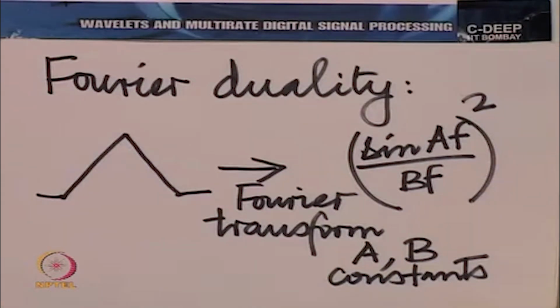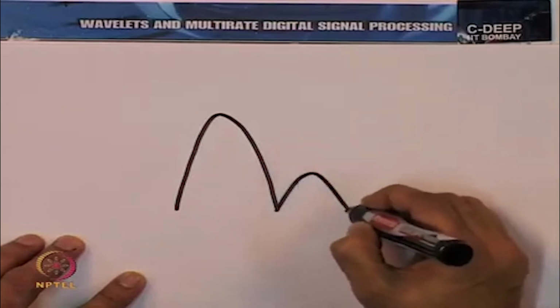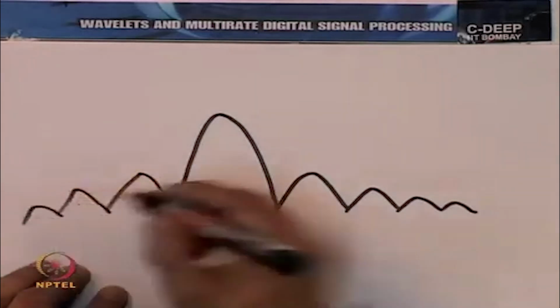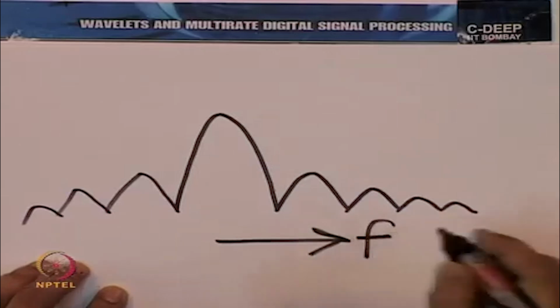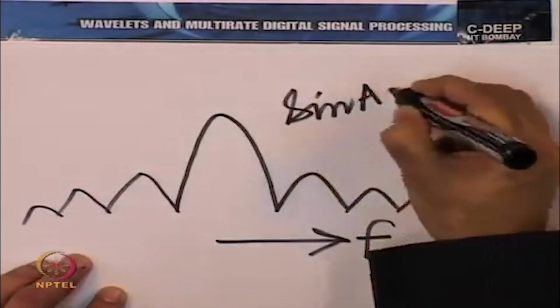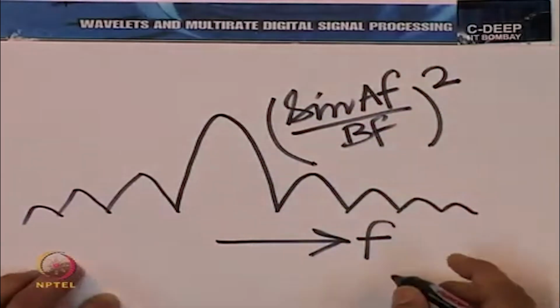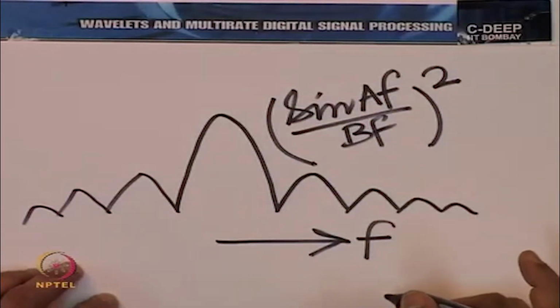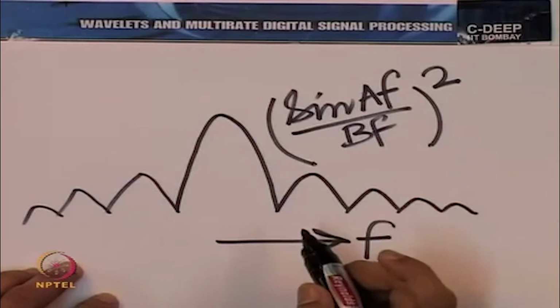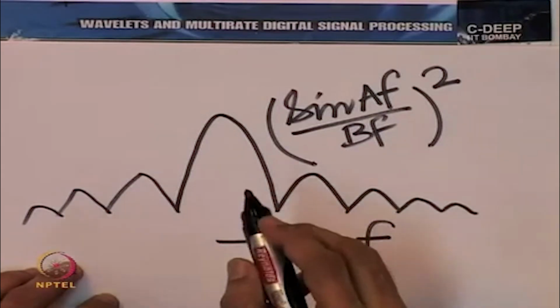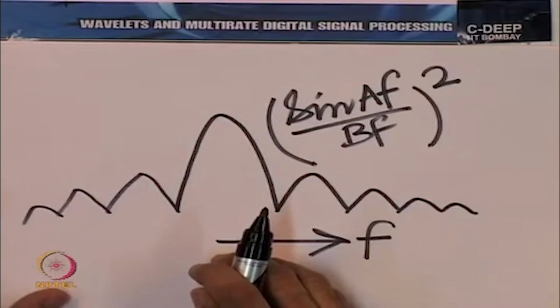So, in fact, we can even sketch it. The Fourier transform would look something like this, as a function of f. Now, the important question to ask is, what is the Fourier transform if this is treated as a time function? And that is what Fourier duality would give us.